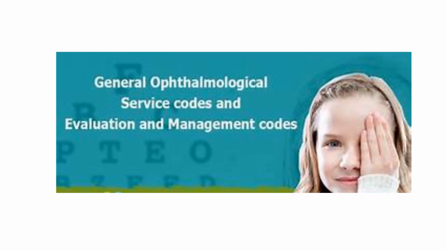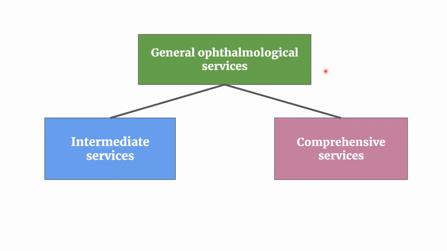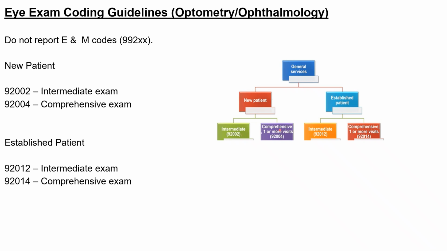Next comes the General Ophthalmological Services codes and the E/M code. Basically, you will see that the ophthalmological services are classified into intermediate services and comprehensive services, and here we have the division into new patient and established patient.